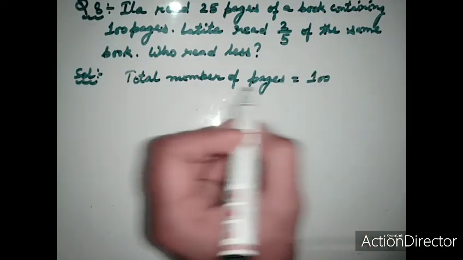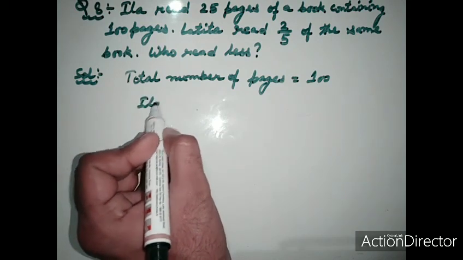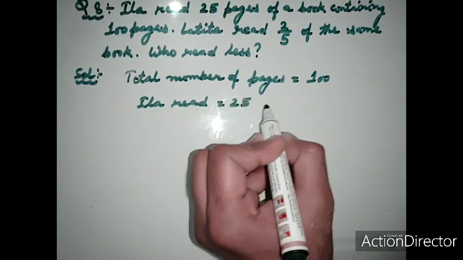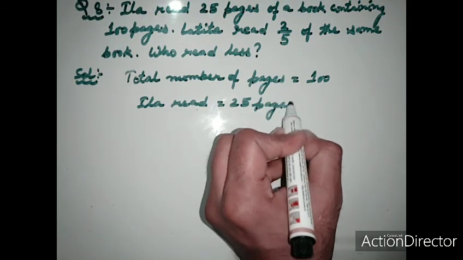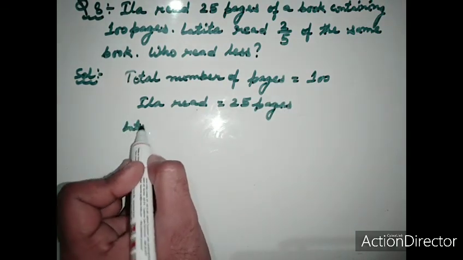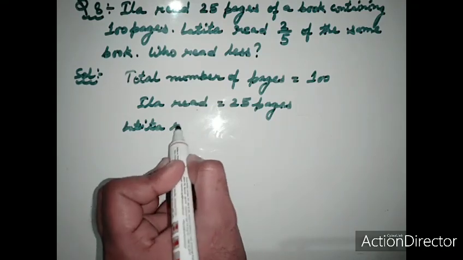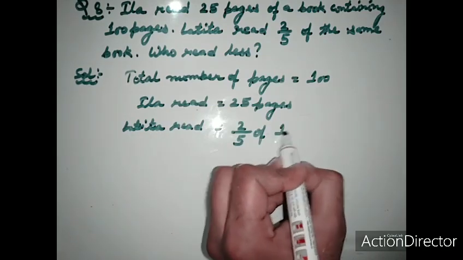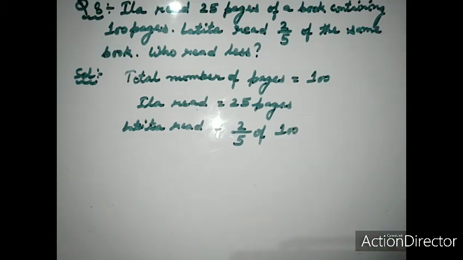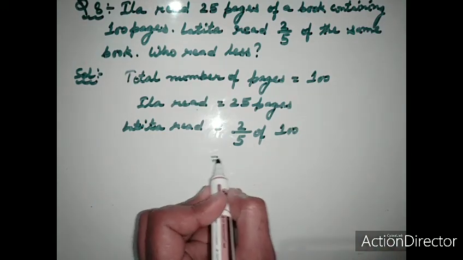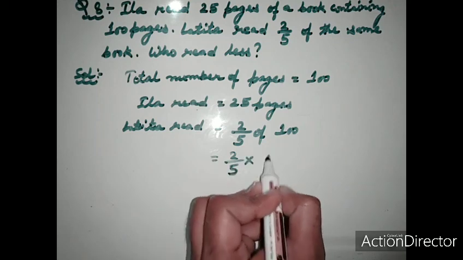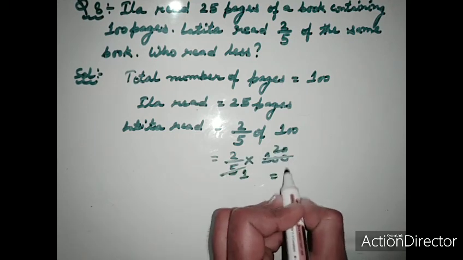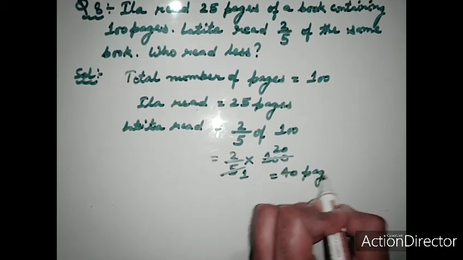Ila read 25 pages and Lalita read 2 upon 5 of 100. So here we find 2 upon 5 of 100. We write 2 upon 5 multiplied by 100. 5 twenties are 100, so we get 40 pages.